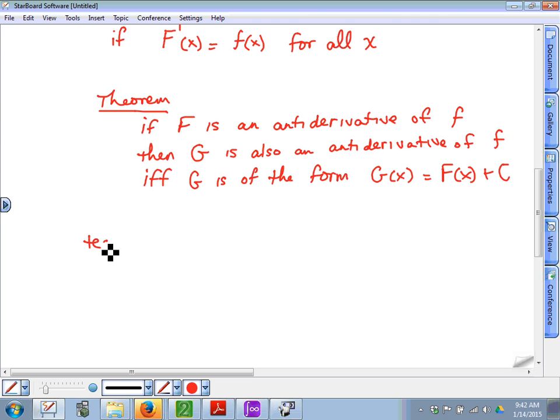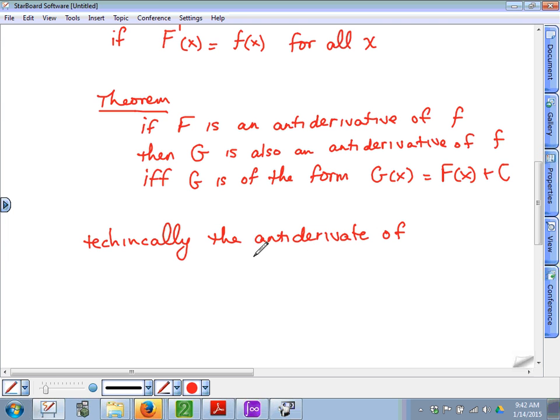So technically, write this. We need to amend what we just had initially.